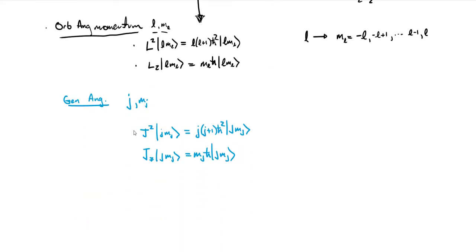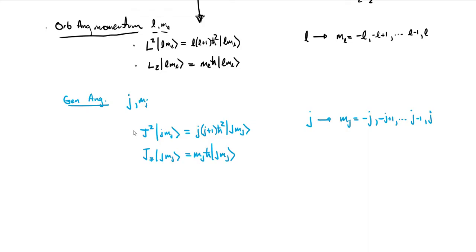In general, for a given J or a given angular momentum, you're going to have what we call a manifold of states that go from negative J in integer steps all the way up to the positive J value, right?